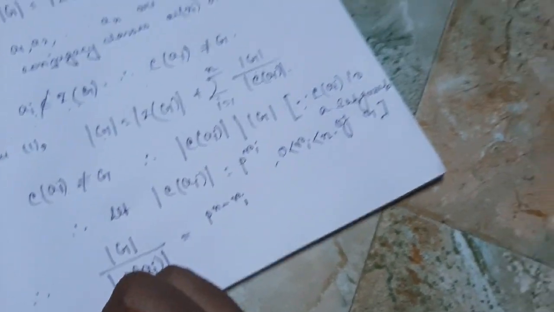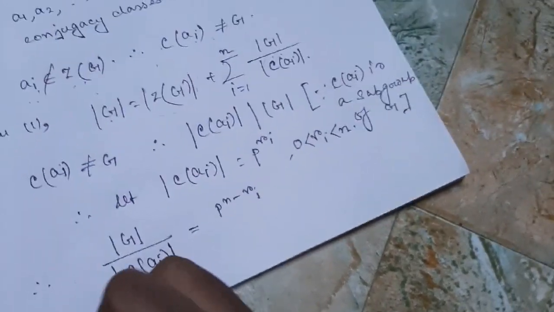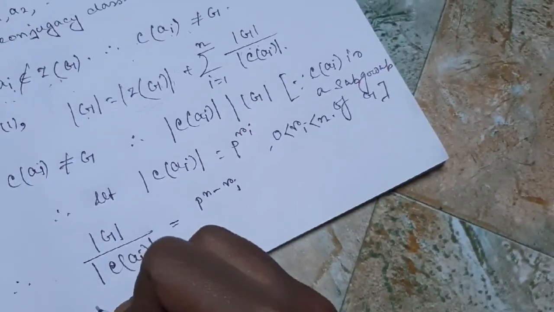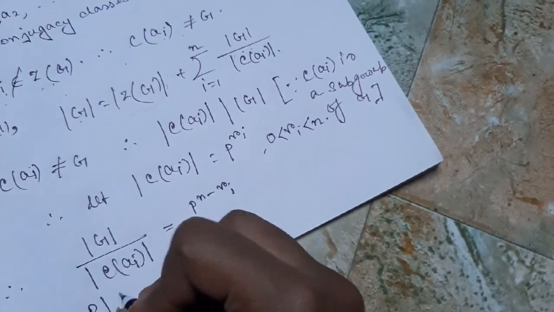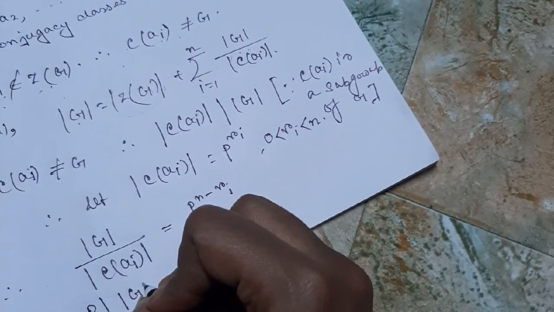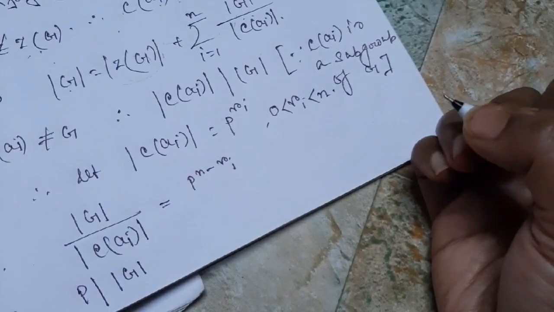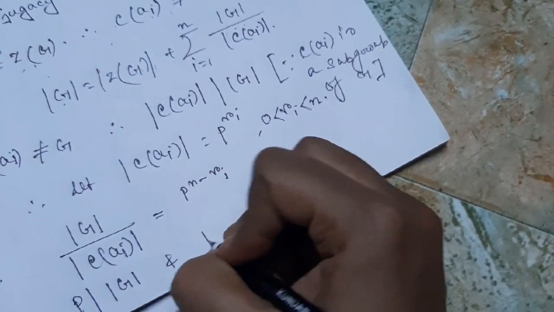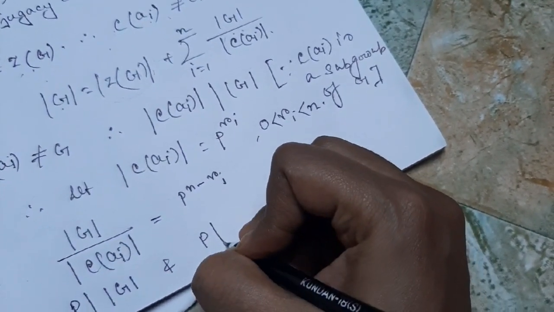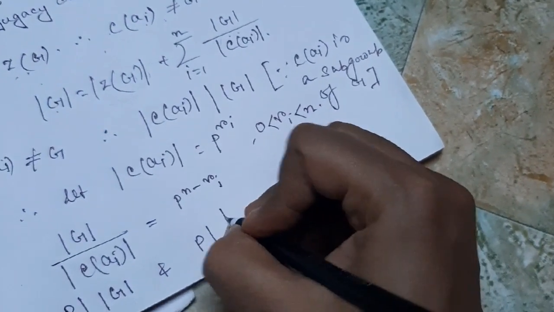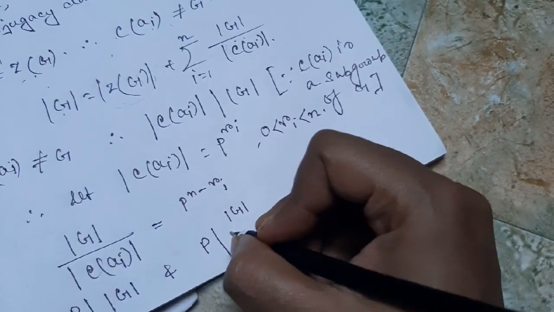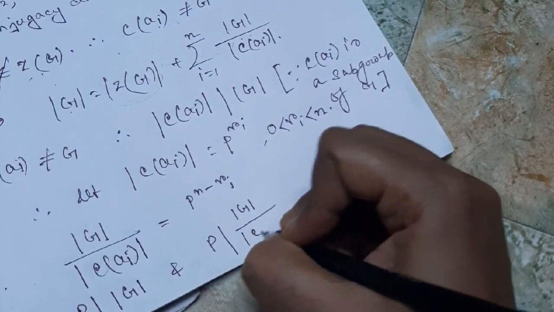So write down: p divides order of G and p divides this one.